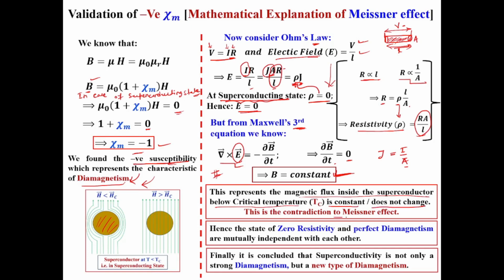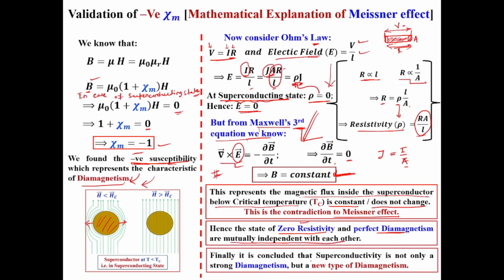This is a contradiction to the Meissner effect. Meissner told that in the superconducting state, a superconductor shows negative susceptibility, that means it will expel all the magnetic flux. But Maxwell's equation told that the magnetic field is constant. Both contradict each other. So zero resistivity, from the electrical side, and perfect diamagnetism, or Meissner's effect, are mutually independent, right?